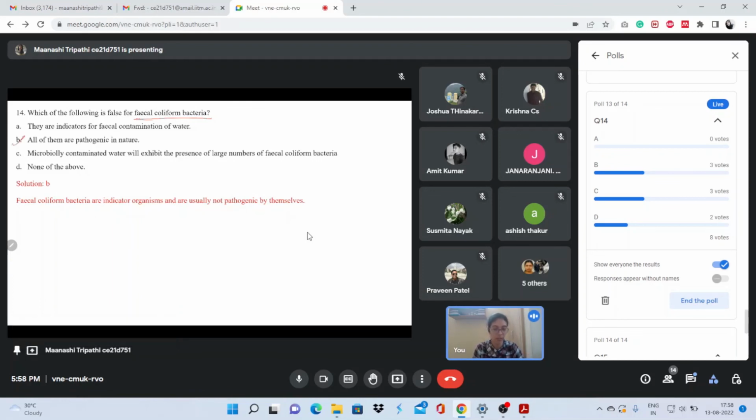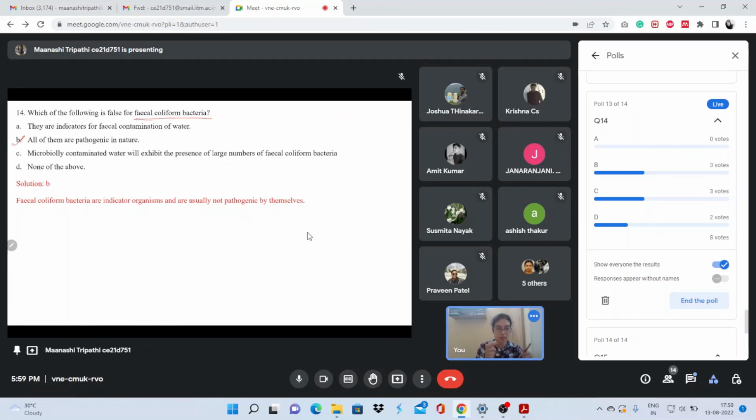We measure fecal coliform bacteria not because they are pathogenic, but because they are a good indicator of pathogenic bacteria, since wherever there are pathogenic bacteria, fecal coliform bacteria will be present.